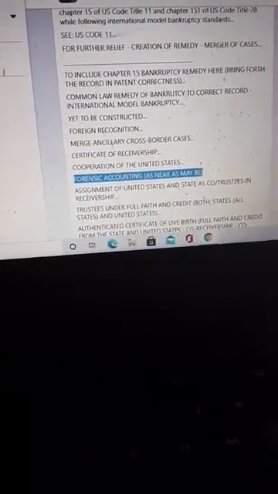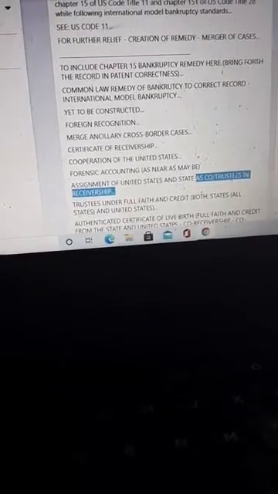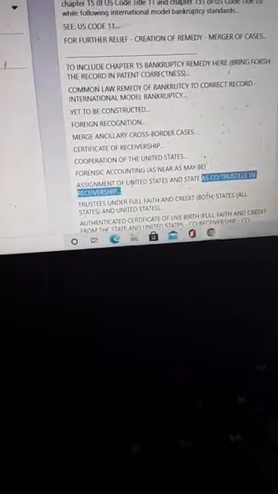Joyce A. Schmidt, all caps. Assignment of United States and state as co-trustee in receivership. Any debt instrument the United States or the states receives from now on, they are to be known that they are trustee under the grant of Joyce to continue operating that person, if they so wish, as trustees under full faith and credit.